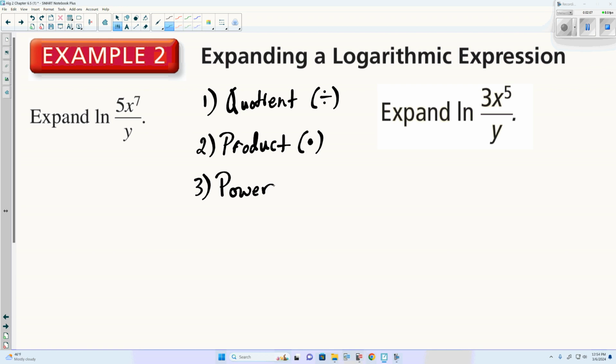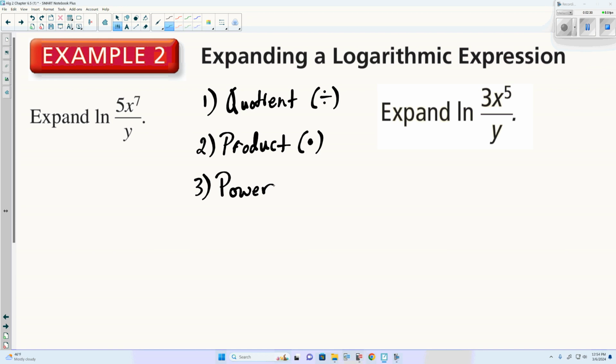When we're expanding, it's going to go quotient, product, power.